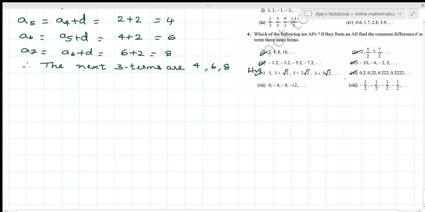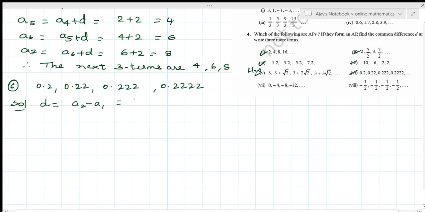I'm just solving the 6th problem. What is the 6th problem? The 6th problem is 0.2, 0.22, 0.222, 0.2222. First I have to check whether it is an AP or not. So I have to find D, that is A2 minus A1.